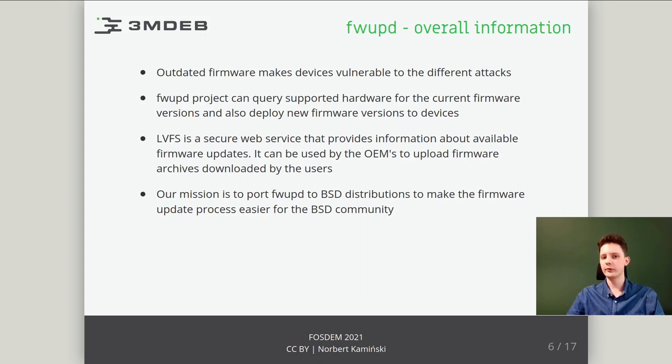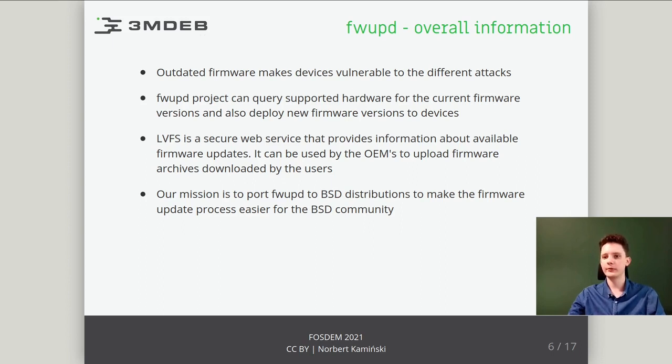Non-Windows users face three main problems during the firmware update process. The first problem is that Windows-specific tools do not work with other systems. The second problem is that users sometimes have no idea what hardware they run and if this hardware is supported by a firmware update.